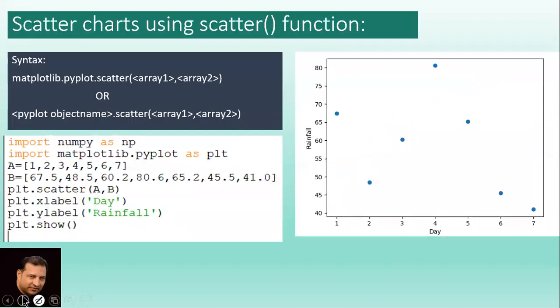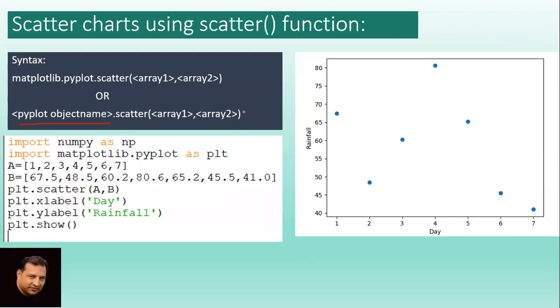Now next proper method is using scatter function. So see the syntax. Either you write the whole statement like matplotlib.pyplot.scatter, then give some array values, or just write plt or any object name dot scatter, then some array values.